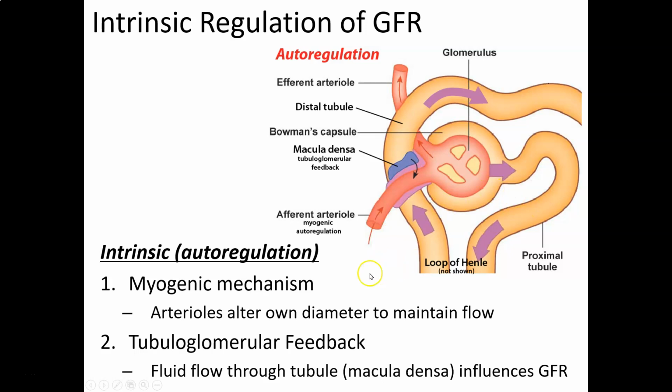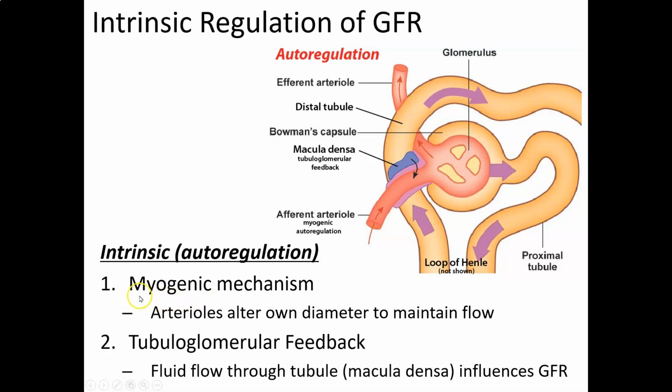And there are two intrinsic regulatory mechanisms, and they are somewhat similar to the mechanisms that regulated TPR that we talked about in the cardiovascular section. One of them is actually exactly the same, and that's the myogenic mechanism.